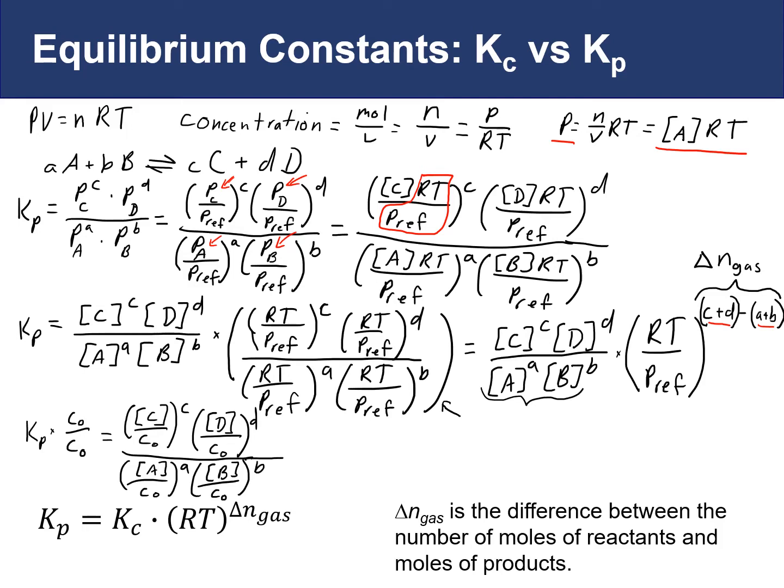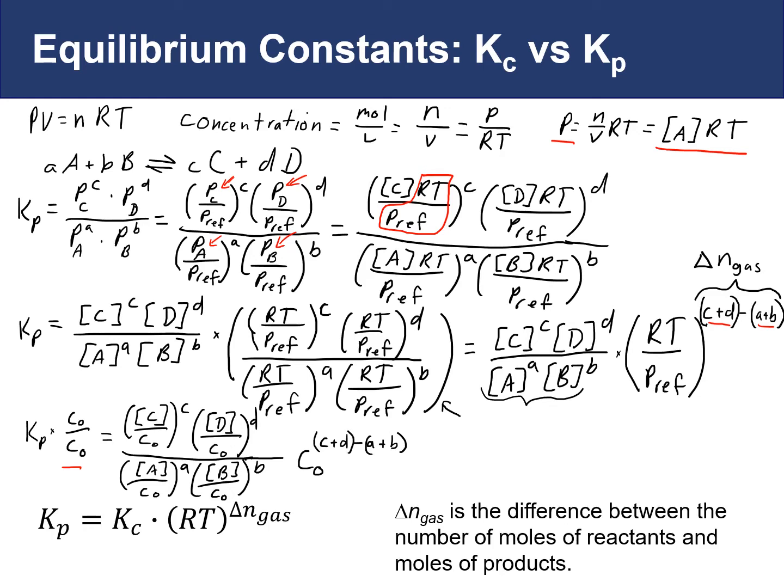Now, in order to take into account all those various values where we were raising it to the different respective powers, our C0 that would be in the numerator, when we were doing this C over C0, multiplying by 1, this part here would need to be C plus D minus A plus B, which is our delta N gas, right?